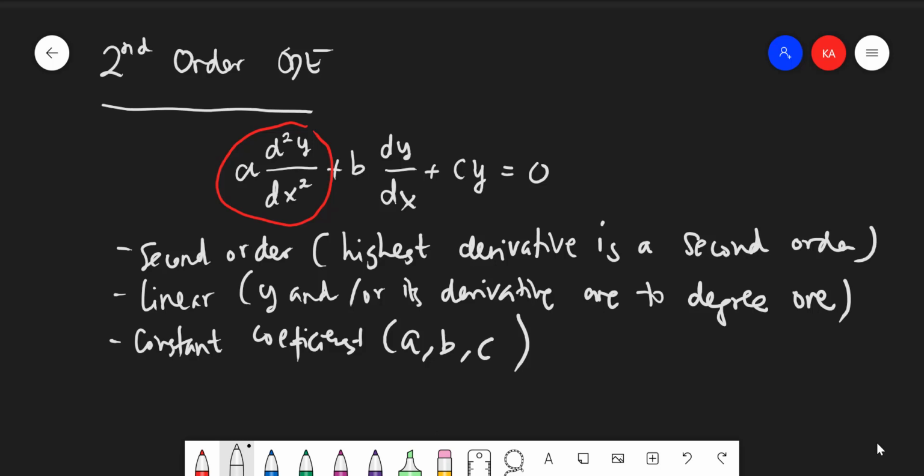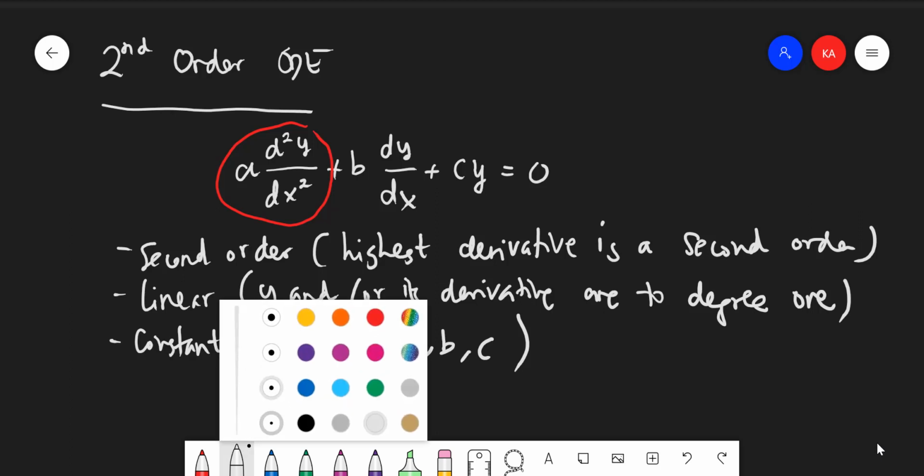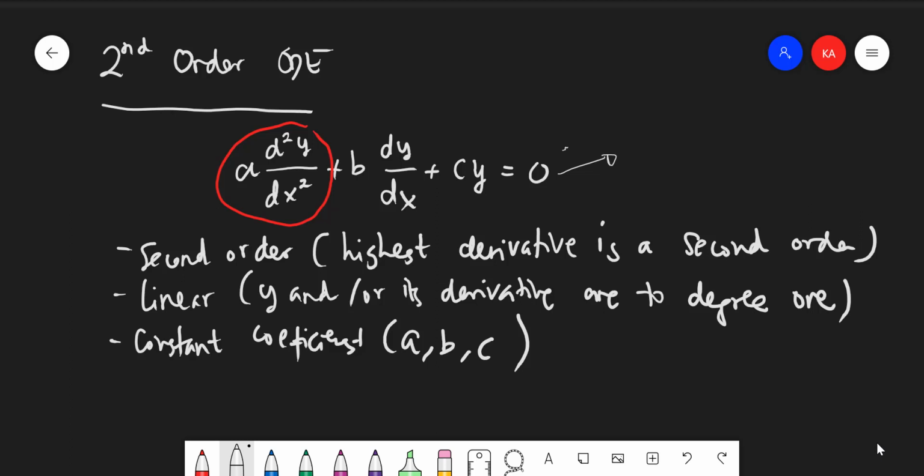So if the right side is 0, I mean that here is 0, it means that this is homogeneous. If it's non-zero, then it is non-homogeneous.